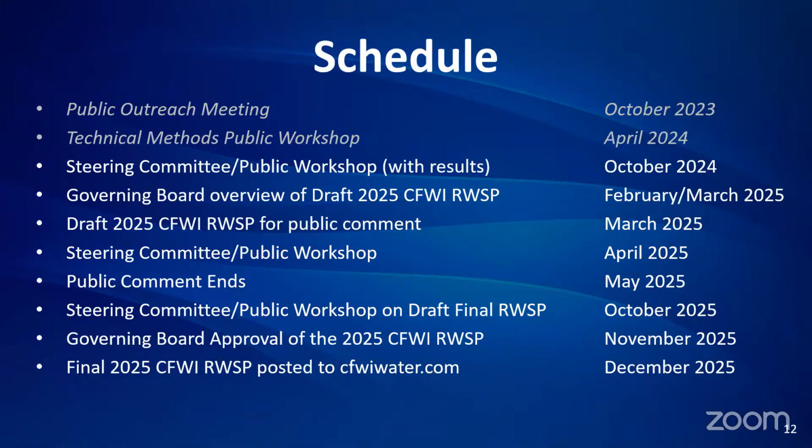A steering committee public workshop will be held in October 2025 to provide an overview of comments received and any substantial changes made to the draft final 2025 plan. The three districts will present the draft final plan to their governing boards in November 2025. After all approvals, the final 2025 CFWI Regional Water Supply Plan will be posted to cfwiwater.com in December 2025.